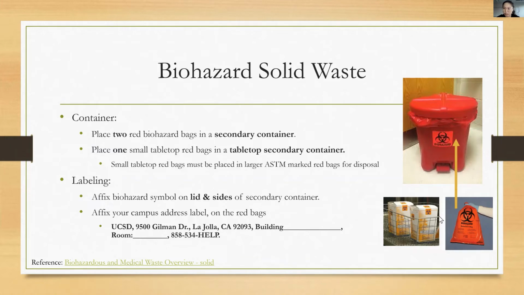Not sure if you can see that. Yeah, so this small red bag needs to be placed into this secondary container. And when it is filled, you only need to dispose of this small tabletop red bag into the larger solid waste bag.